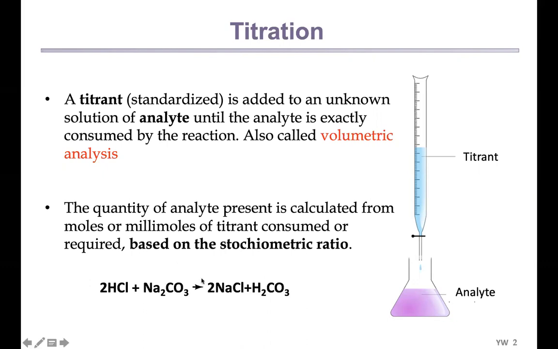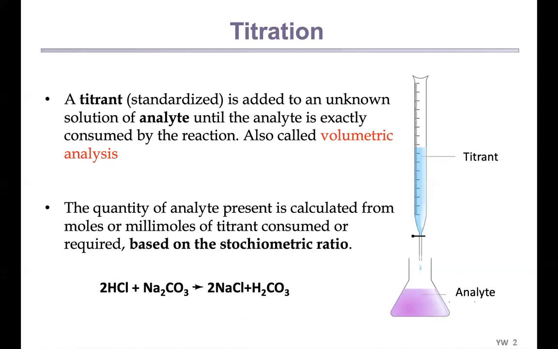For example, this is going to be your fourth lab. In the fourth lab, you're going to titrate sodium carbonate with hydrochloric acid. And you can see here from this reaction, it is 2 moles of hydrochloric acid needed for 1 mole of sodium carbonate, right?